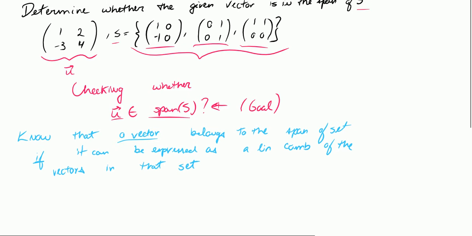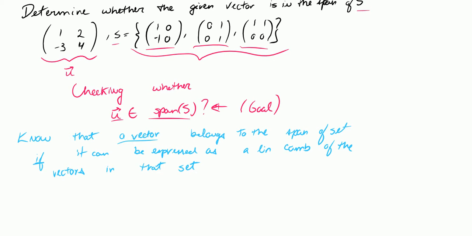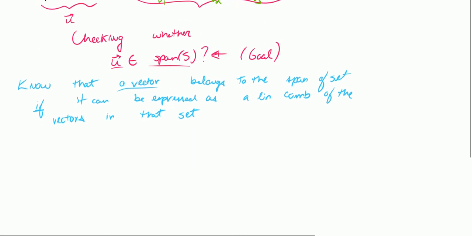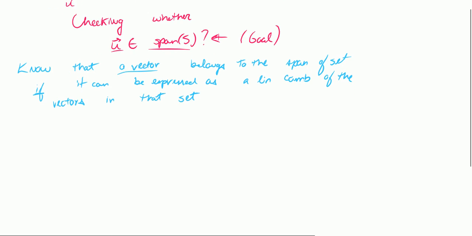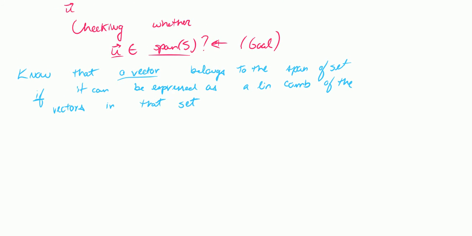So for simplicity, and so I don't have to write the matrix over and over again, I'll call this vector v1, this vector v2, and this vector v3. So basically I'm trying to see whether u can be written as c1 v1 plus c2 v2 plus c3 v3.